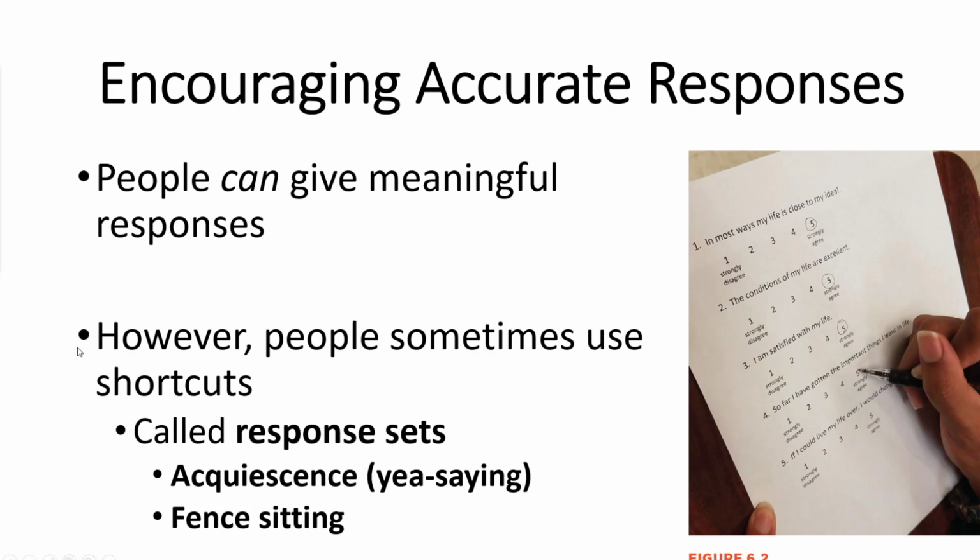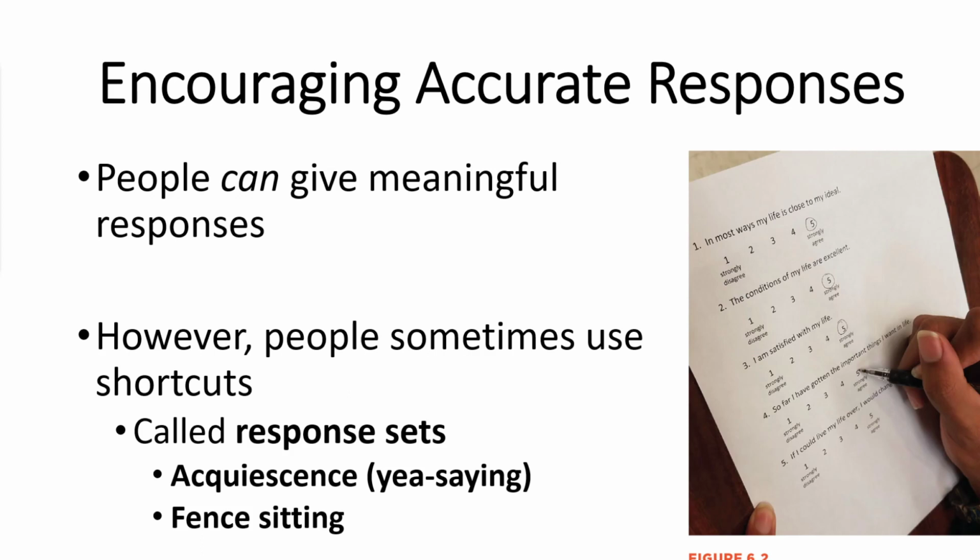So one of the big things that we have to watch out for with surveys, especially with long surveys, is that sometimes people can use shortcuts. These shortcuts are called response sets. It's basically like a set of rules so that when you're tired and don't want to make a real decision, you know what response you're going to give.